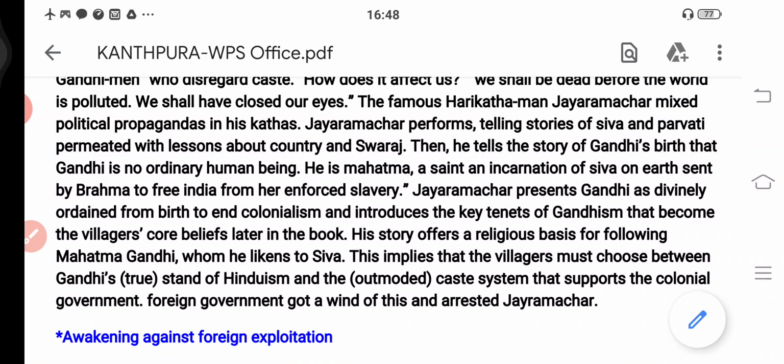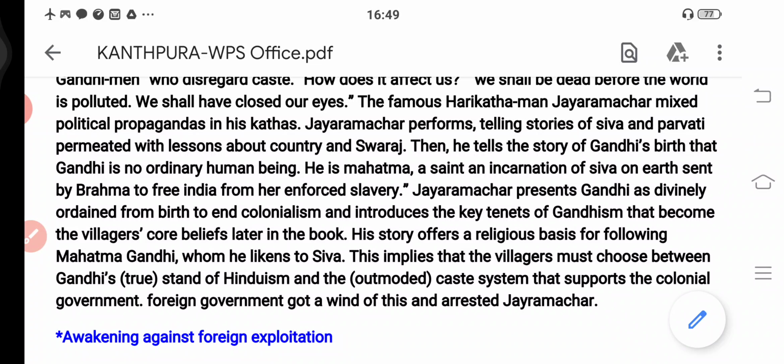"And O sage," pronounced Brahma, "is it greater for you to ask or for me to say? Shiva himself will forthwith go and incarnate on the earth." Brahma said that Shiva himself will incarnate on the earth and free my beloved daughter from her enforced slavery.